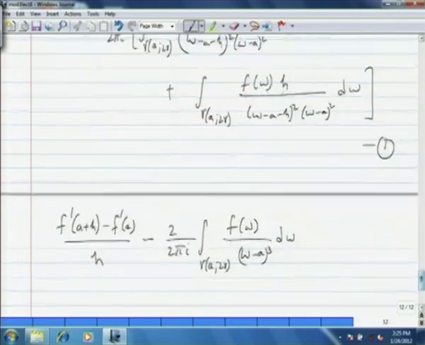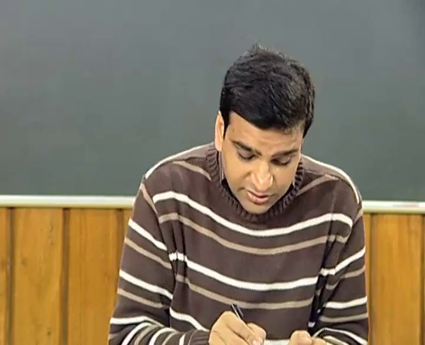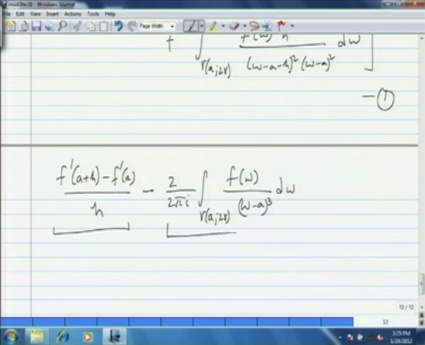This is the desired expression. We wish to show that in the limit this expression is equal to this expression, with a plus sign rather. So this is what we wish to show, and let us estimate this difference.